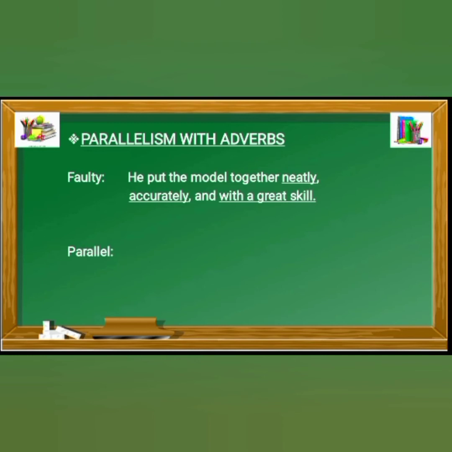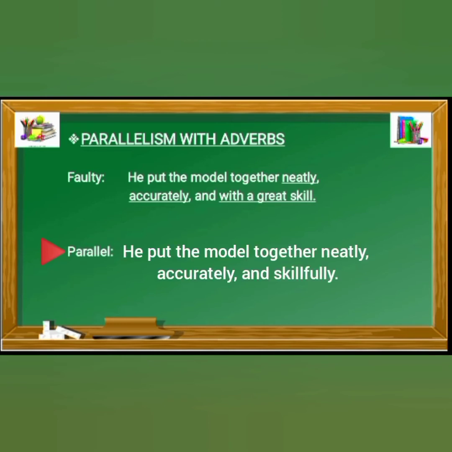In this example, neatly and accurately are both adverbs, and with a great skill is a prepositional phrase. Change the prepositional phrase to an adverb to make it parallel. This is the parallel or the correct sentence. He put the model together neatly, accurately, and skillfully.